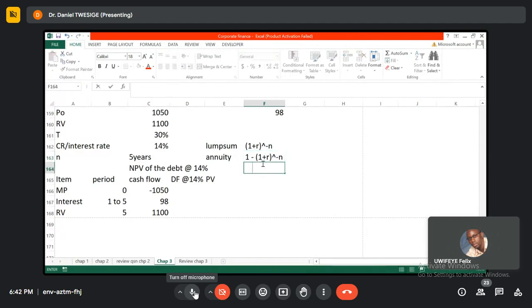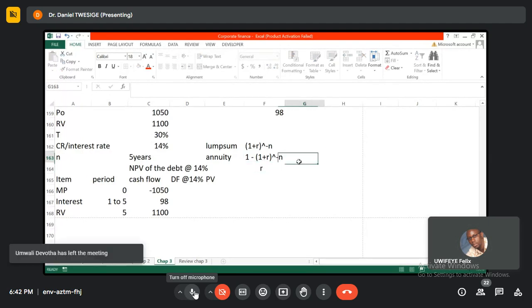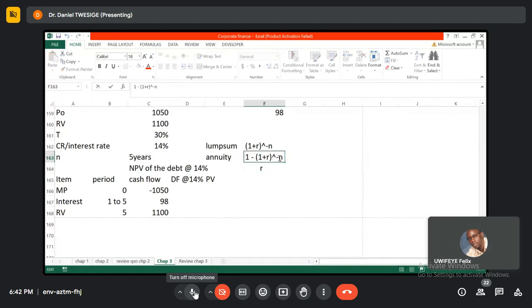So a lump sum means the cash flows are not constant, while an annuity means the cash flows are constant. So these are constant cash flows.